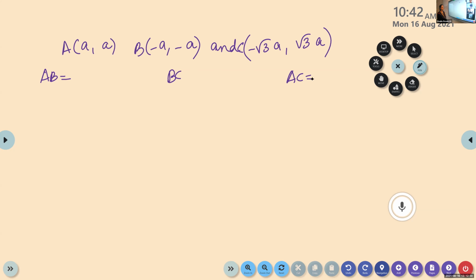What will be AB? AB is the root of (a minus (-a)) the whole square plus, again here, (a minus (-a)) the whole square. What is minus a minus a, Ashik? What is negative a?